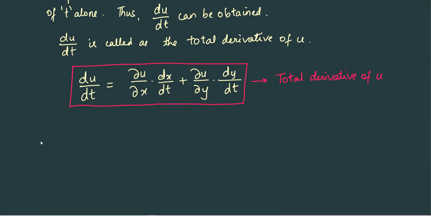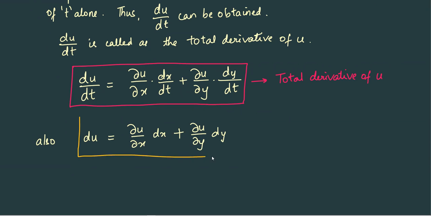Now, also, we can just show du. du is ∂u/∂x times dx, suppose we multiply throughout with dt, then we get this. So then plus ∂u/∂y dy. Now this expression is called the total differential.